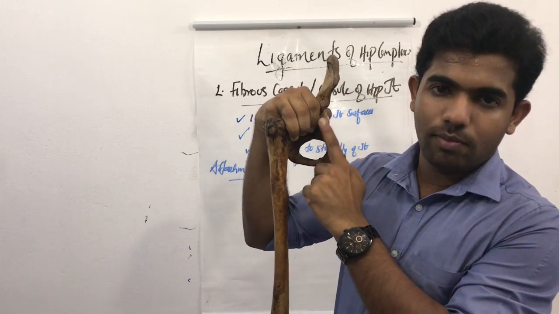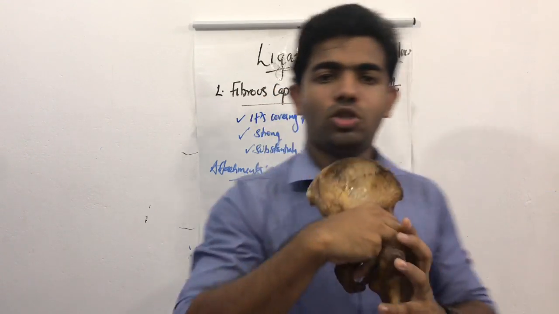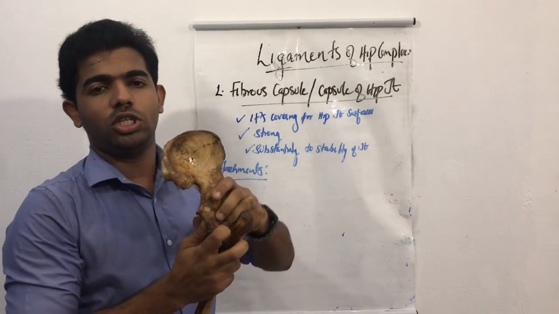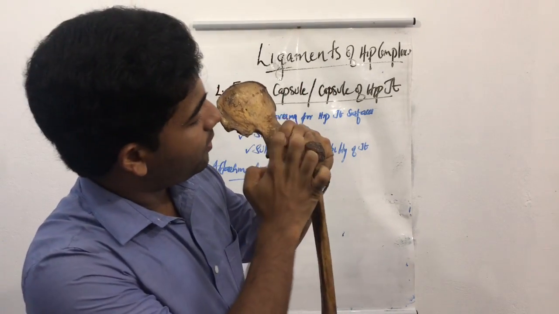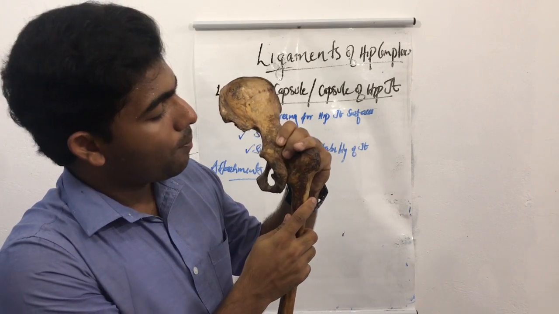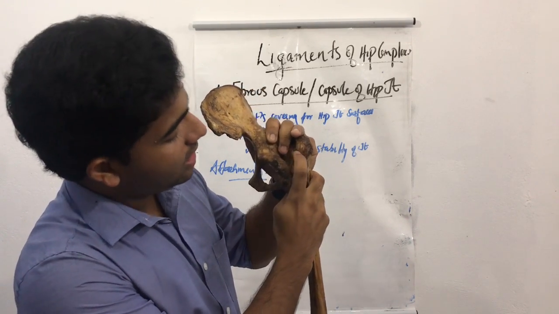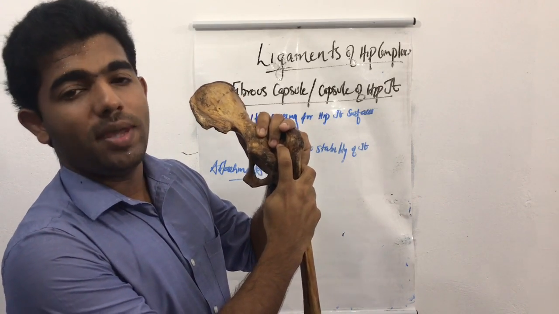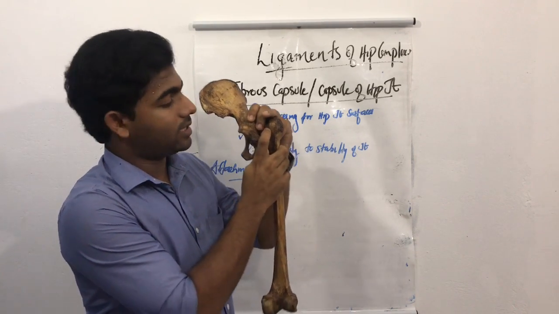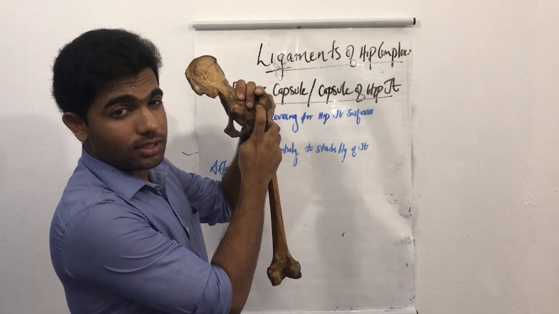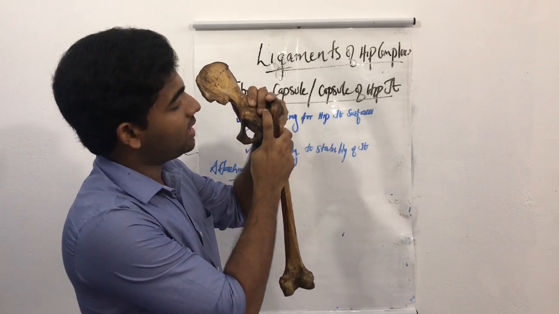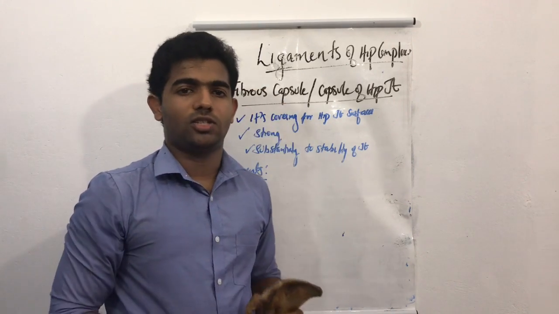Posteriorly, it is from the rim of the acetabulum, but up to the intertrochanteric crest. Exactly speaking, not until the intertrochanteric crest, but 1 centimeter medial to the intertrochanteric crest.